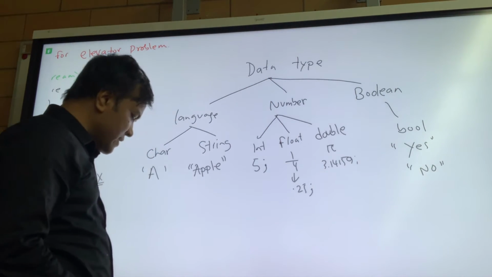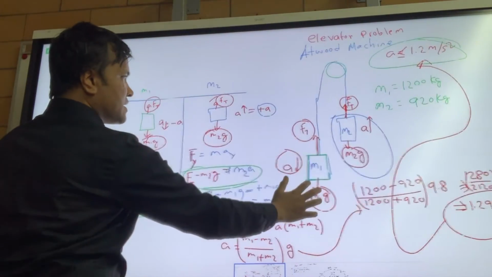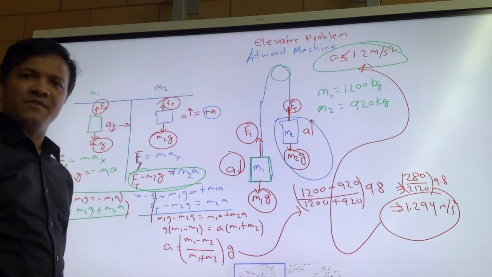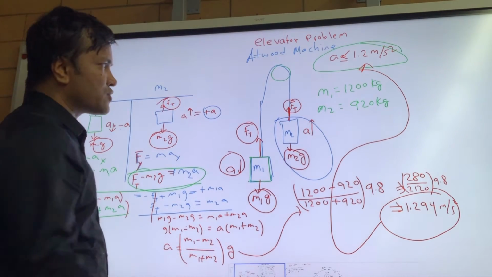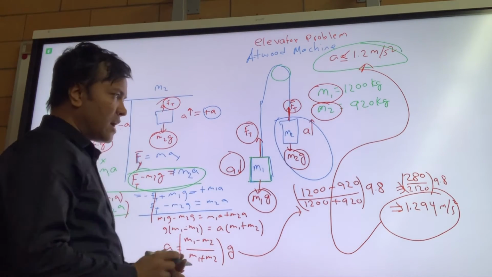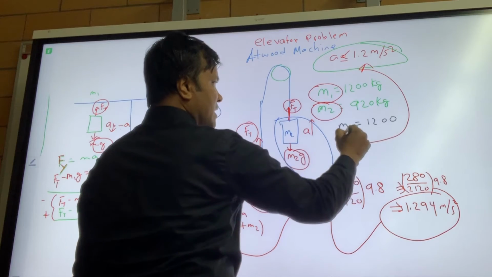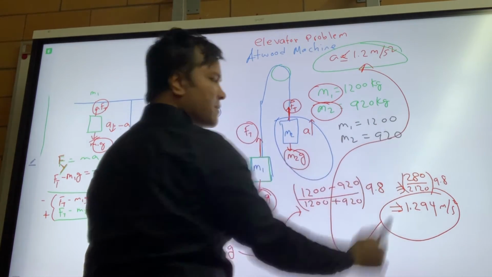Okay, so for the elevator problem, you see that the elevator problem has how many variables? The elevator problem has 2 variables, M1 and M2. M1 is 1200 and M2 is 920.